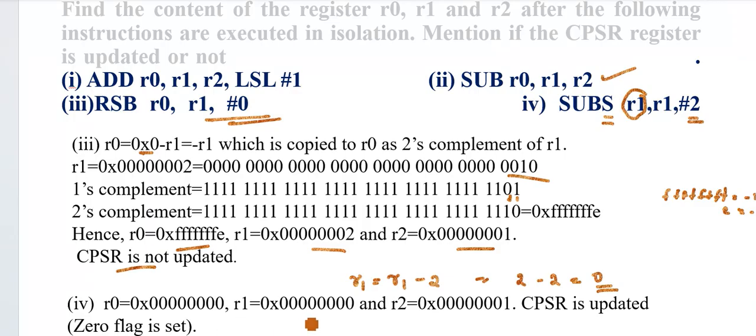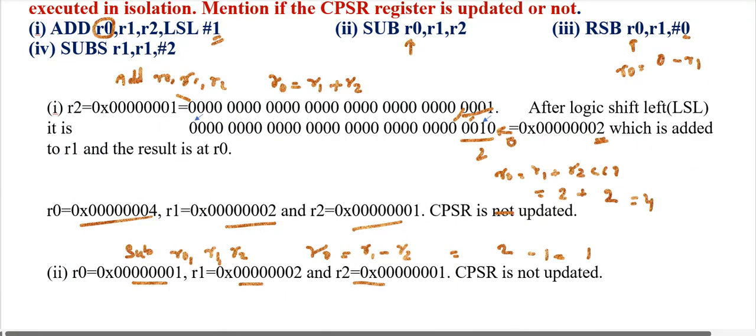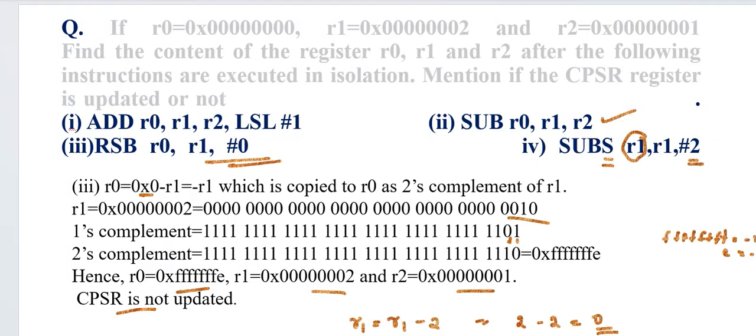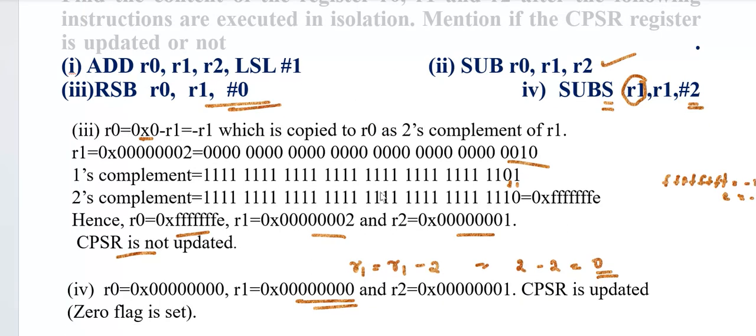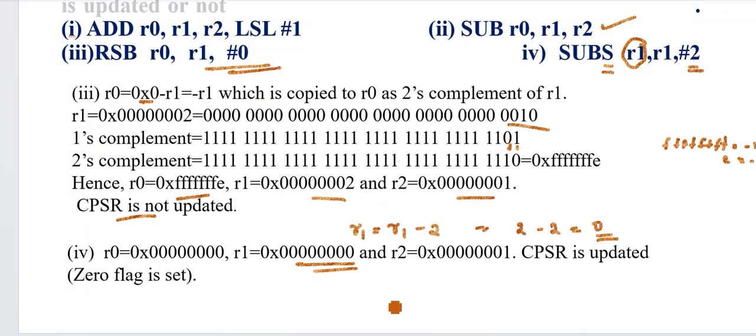So you have to write R1 as 0 now. R0 we are not using, so it stays the same as the original problem. After subtracting 2, this R1 becomes 0. Then R2 will have the same value of 1 only.